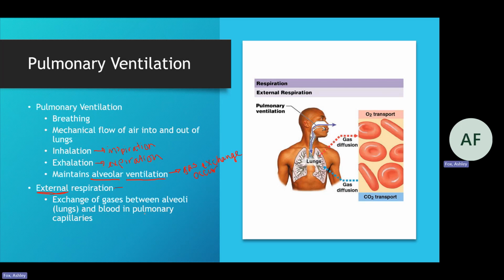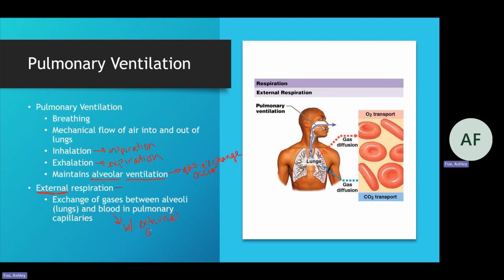So this is where the air from the alveoli or going into the alveoli occurs. So blood in the pulmonary capillaries, oxygen goes into the pulmonary capillaries, and carbon dioxide leaves the pulmonary capillaries. So you can think of this as external respiration. It's external because it's with external air.